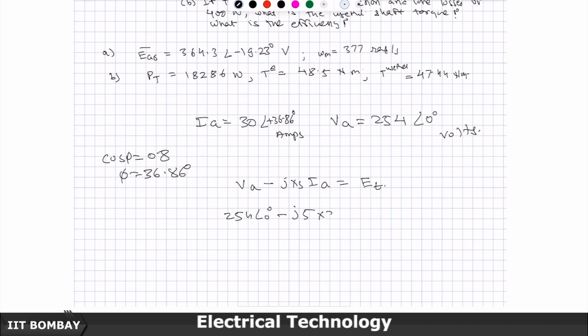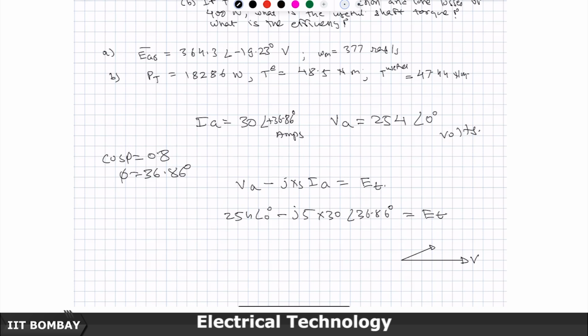5 into 30 at an angle of 36.86 degrees is equal to ET. So I will just show you the answer I have already written, I will just illustrate it to you. This is my V terminal voltage, this is my current.